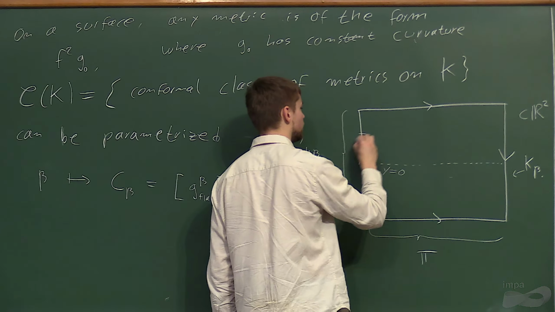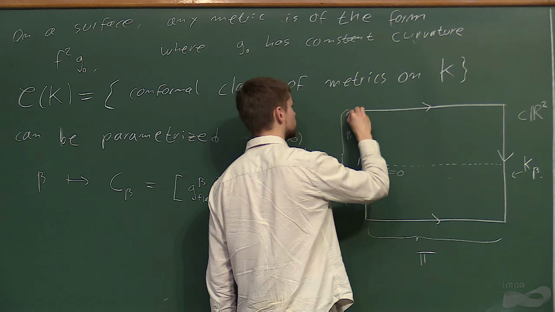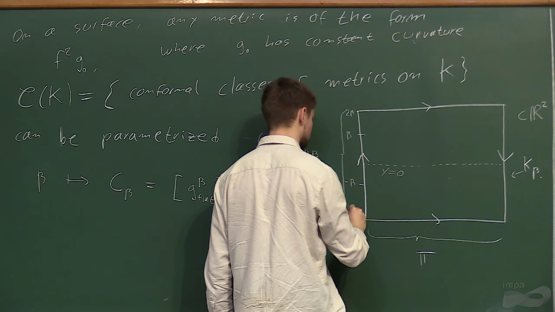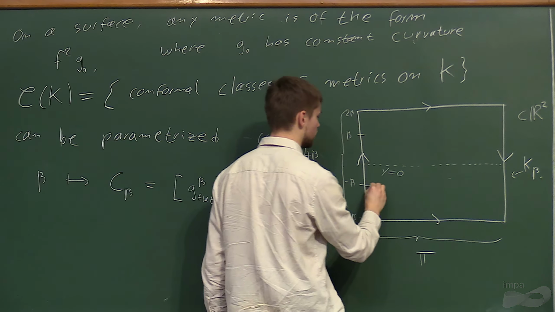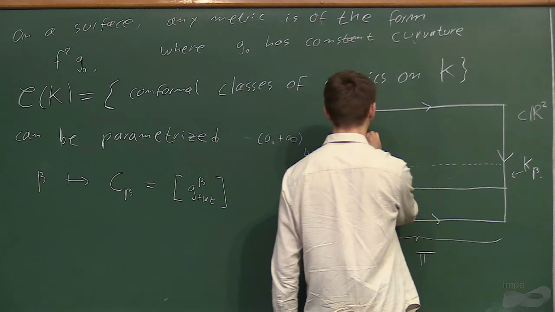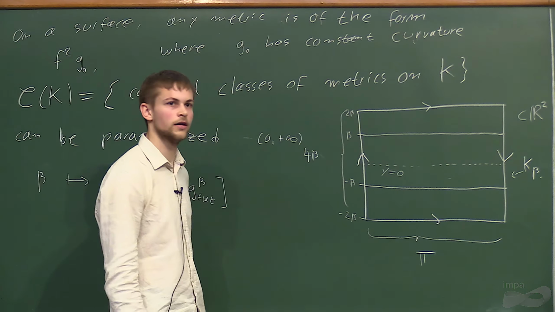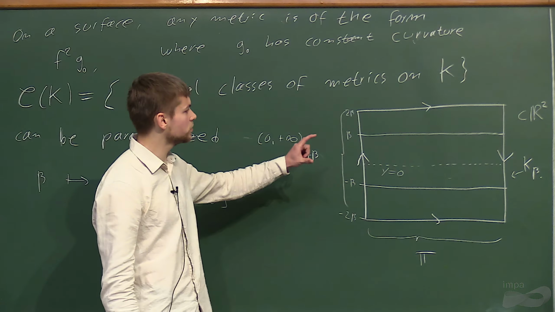So if we have here the value beta and here 2 beta, minus beta and minus 2 beta, then this region here in between beta and minus beta is a Möbius strip.